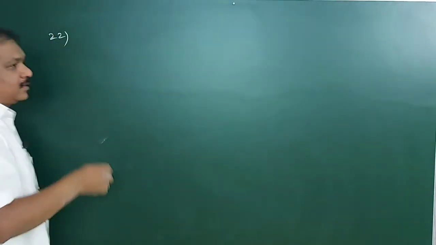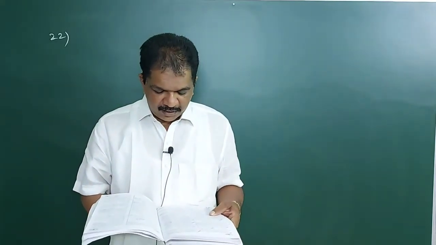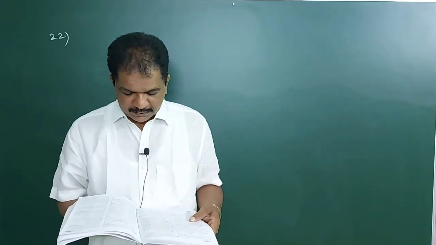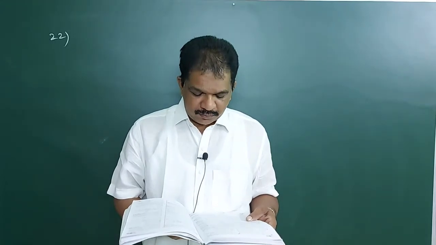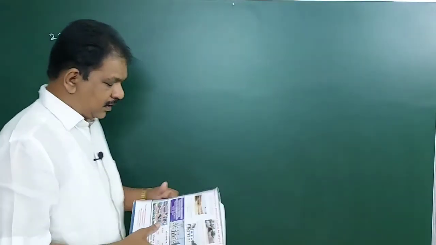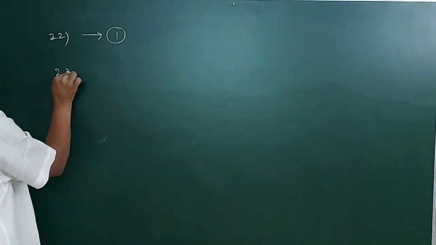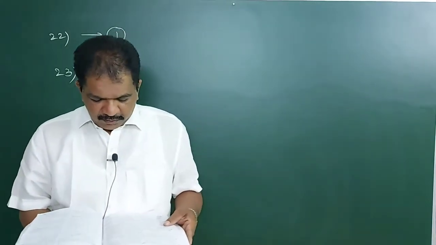Next, 22nd. What they are asking, see. 22nd. In Rutherford experiment for head-on collision of alpha particle with gold nucleus, the impact parameter value will be 0. Theoretical question, remember, 22 it will be first option. Next, 23.